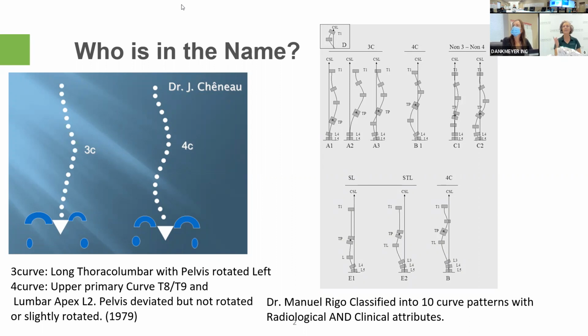When he classified them, he had the radiological information that you should see in terms of the L4, L5 counter tipping, and even where the central sacral line should be in regards to the convexities and the concavities. He also put in for us as clinicians the clinical attributes of the muscles on the spine. So it wasn't just a static picture anymore when he put it together with a classification system.